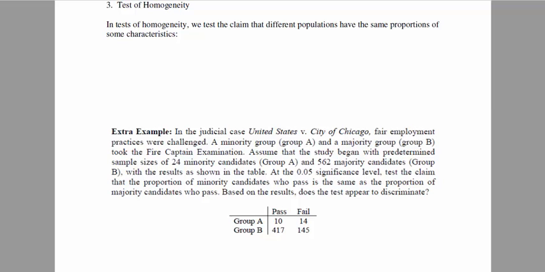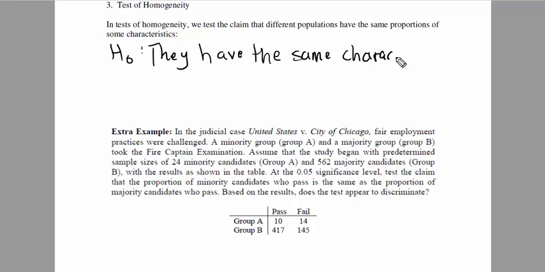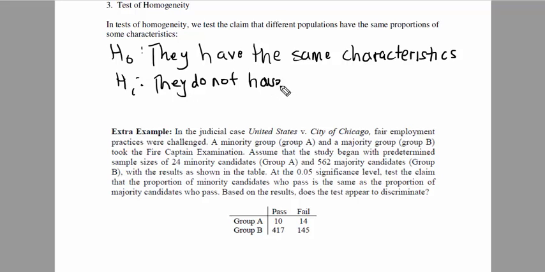So, for these tests, H0 is going to be that they have the same characteristics, or H1 is that they do not have the same characteristics.